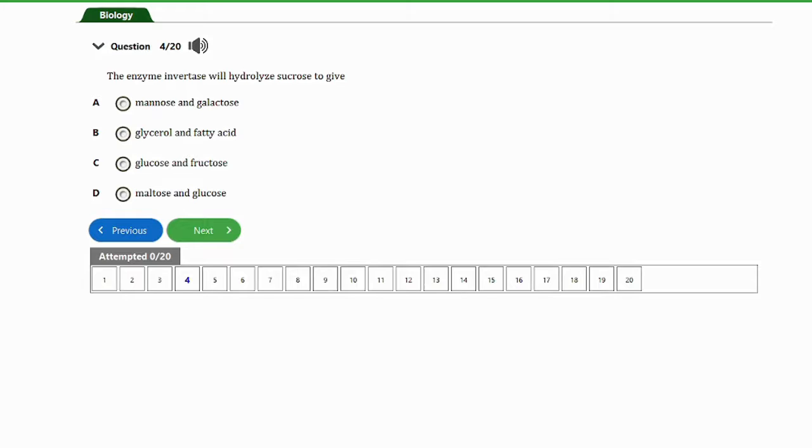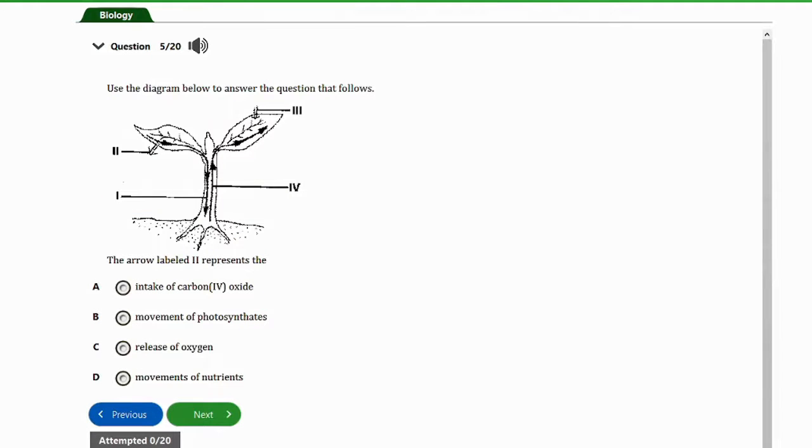So guys, whenever you hydrolyze sucrose, you always get glucose and fructose, because glucose plus fructose will give you sucrose. So guys, the enzyme invertase will hydrolyze sucrose to give you glucose and fructose. So let's look at the next question, guys.